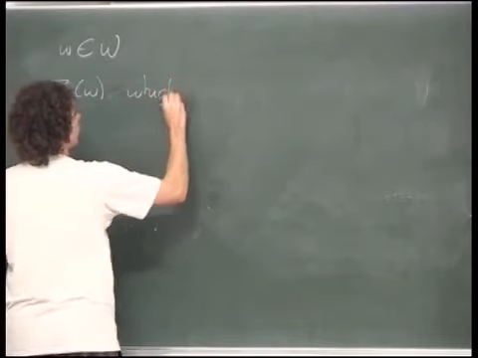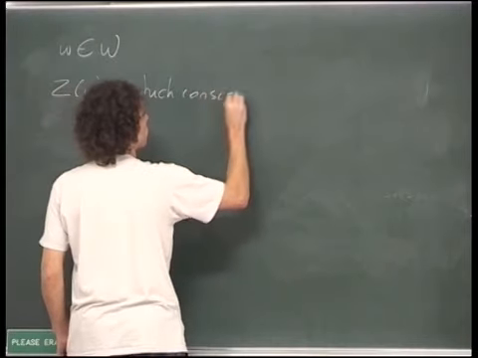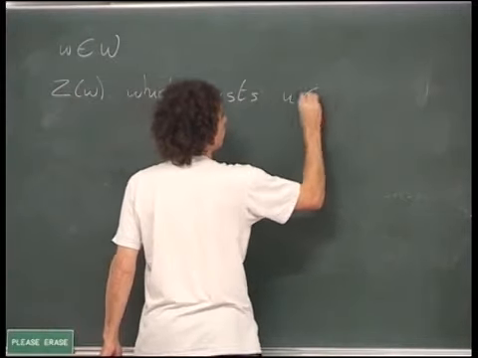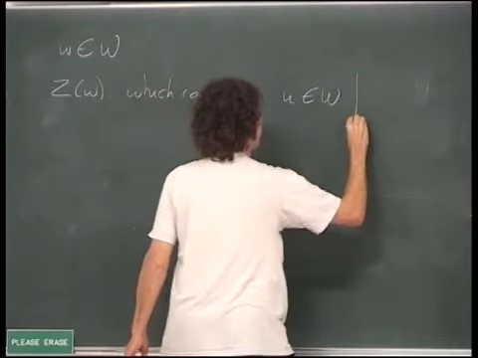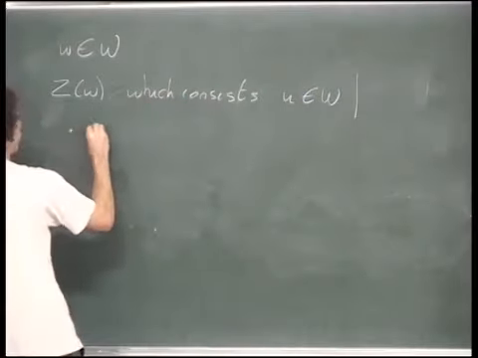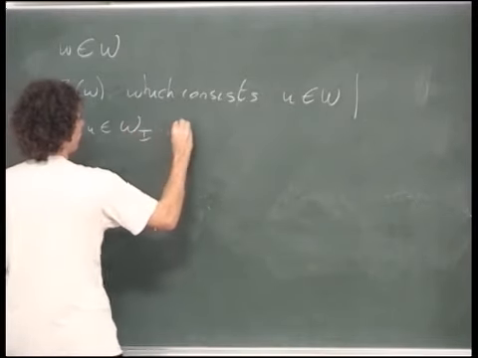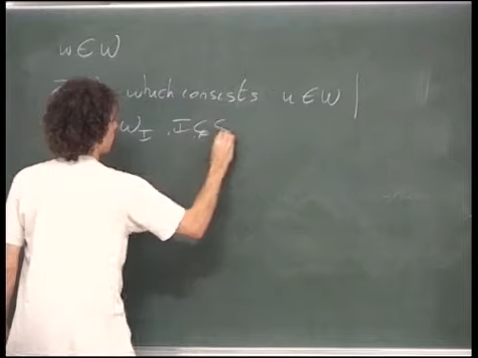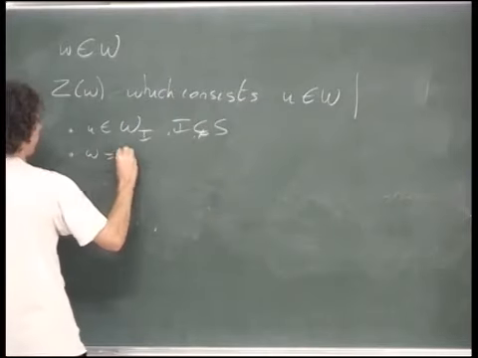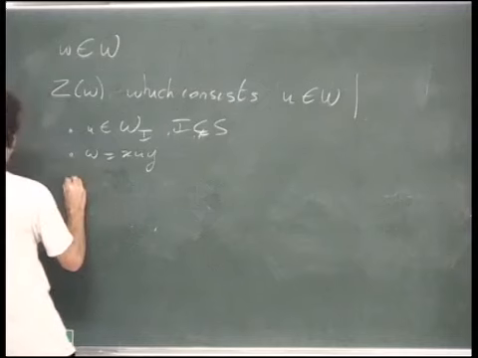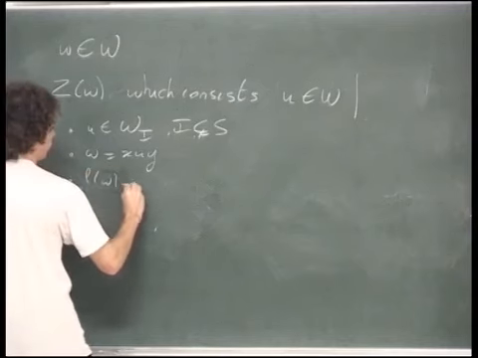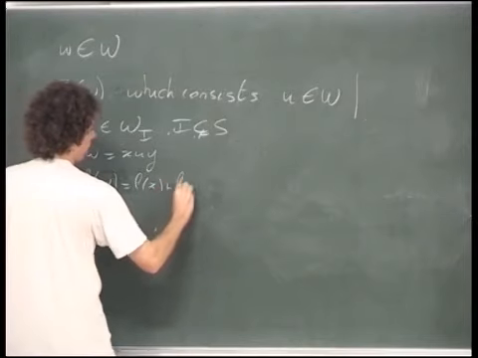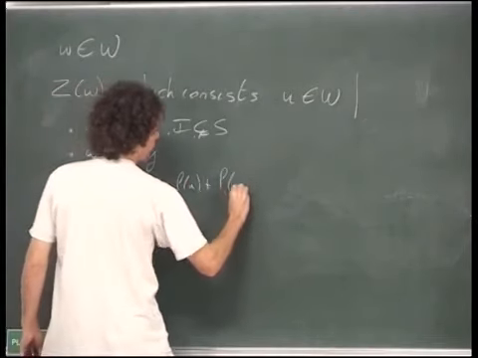This thing consists of all the U in W such that U lies in a strict parabolic subgroup, W can be written X, U, Y, and the length of W is equal to the length of X plus the length of U plus the length of Y.